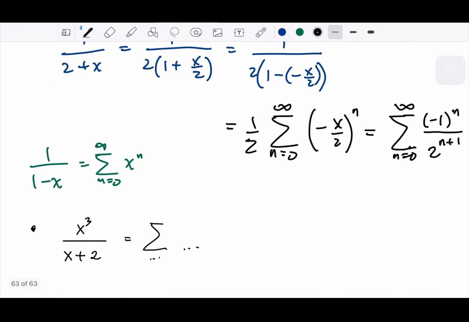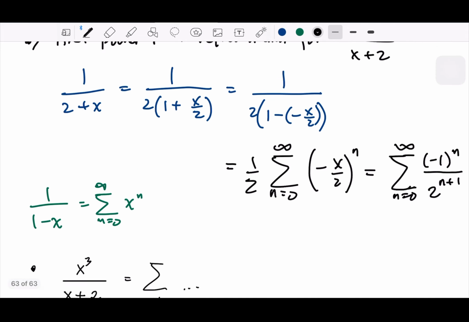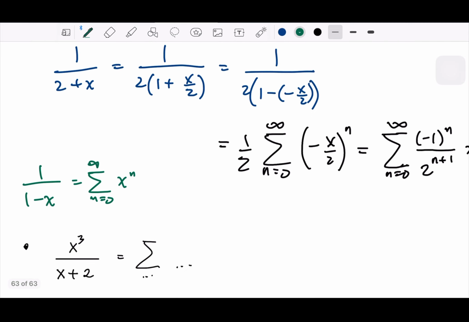Since we have 1 over x plus 2, like from the previous questions last week, we already made the series for it. So we may take the x cubed to be factored out, and then we can exchange 1 over x plus 2 by the series. Okay, so that's one way we can think.